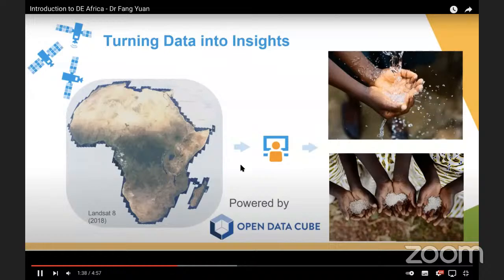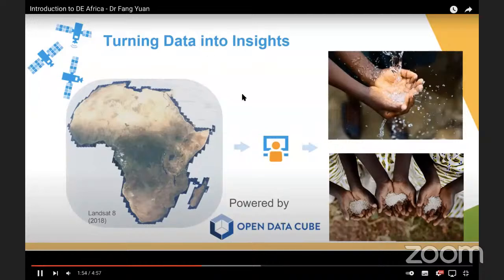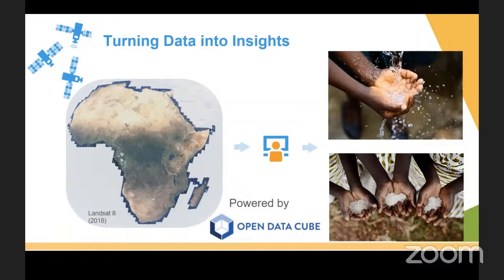This may be resource management, food security, or sustainable development goals. In the beginning, this little person sitting in front of a computer working with data is maybe me and my teammates in the establishment team, but we're already starting to work with other users. And eventually we want you and more people in the geospatial community, more data scientists and domain experts, to be able to work with our data.